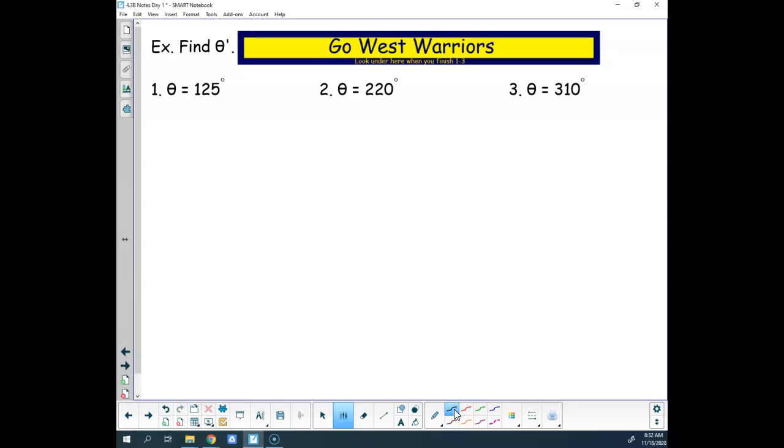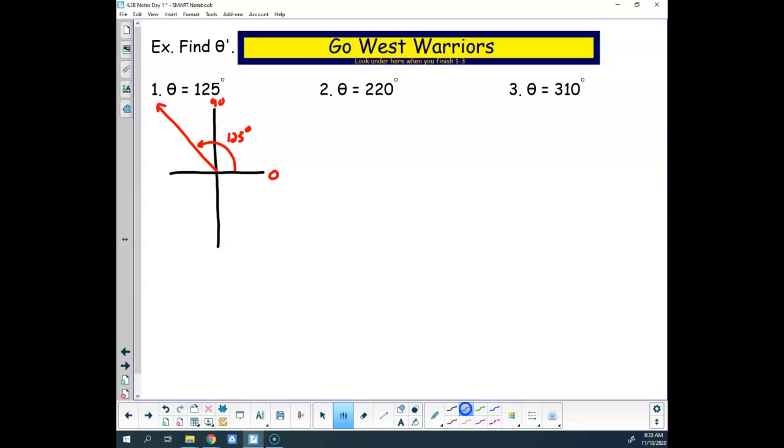So the first one has a 125 degree angle. So this is 0. This is 90. So 125 would be there, ish.